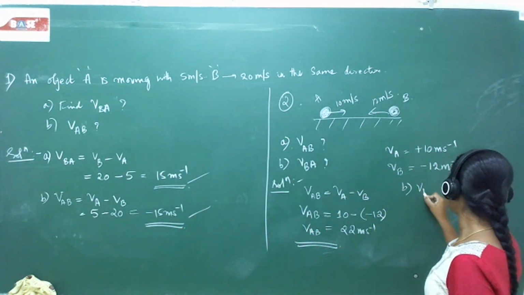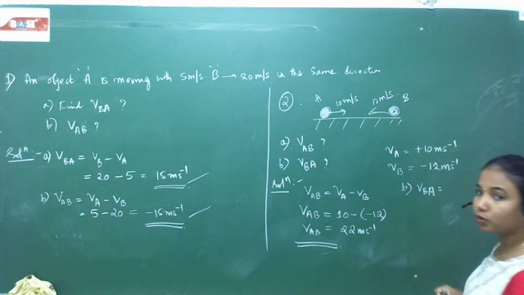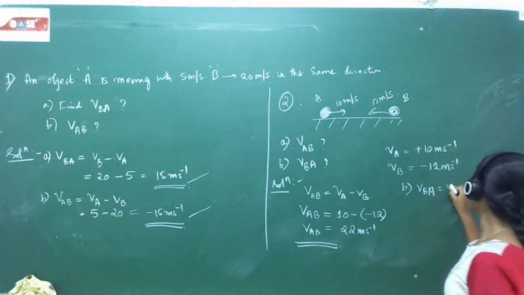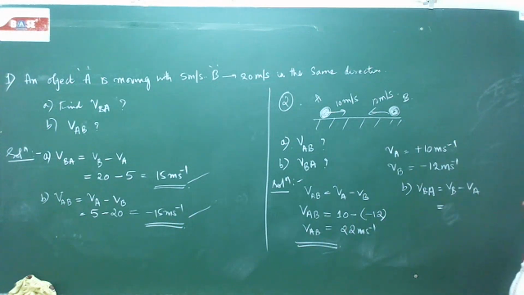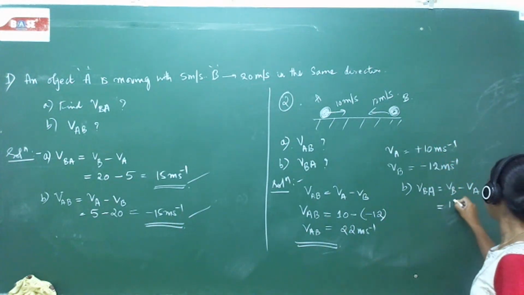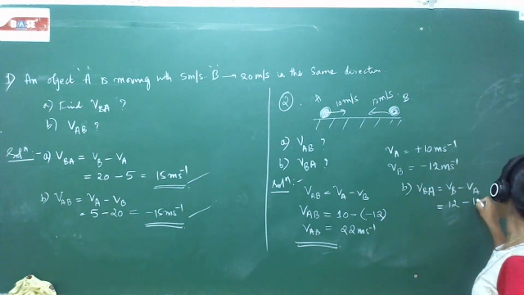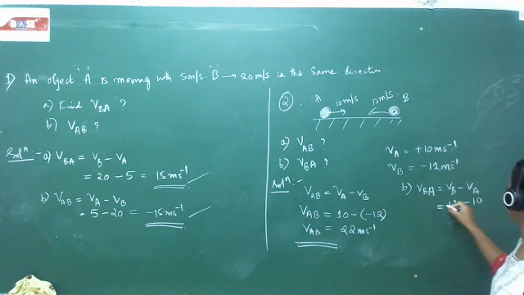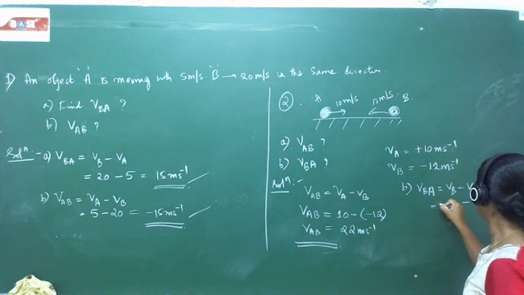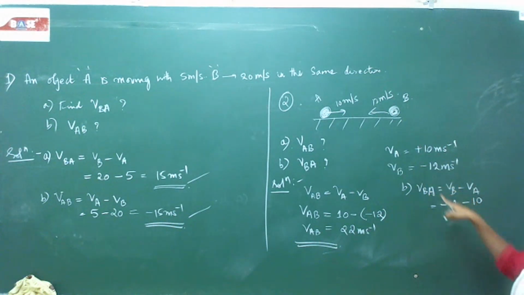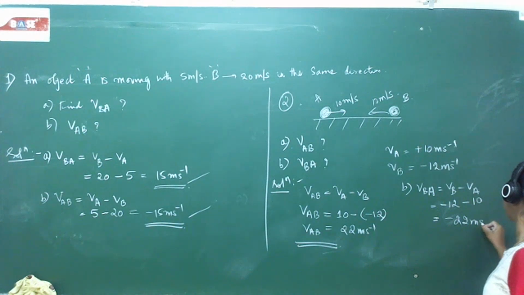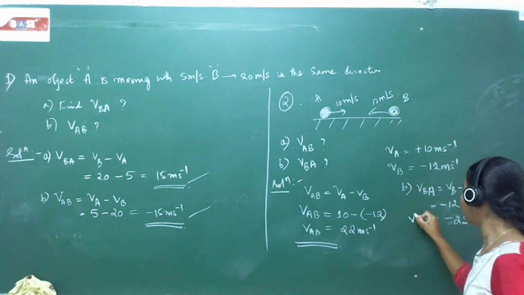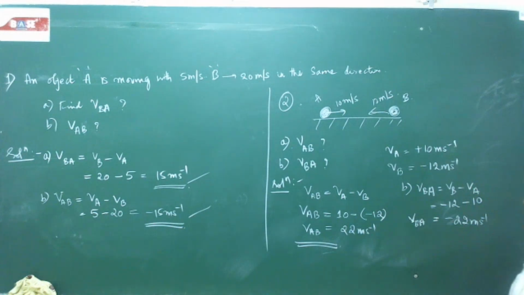The second part is the velocity of B with respect to A, right? That is VB minus VA. VB is minus 12, VA is 10, so this will be minus 22 meters per second.